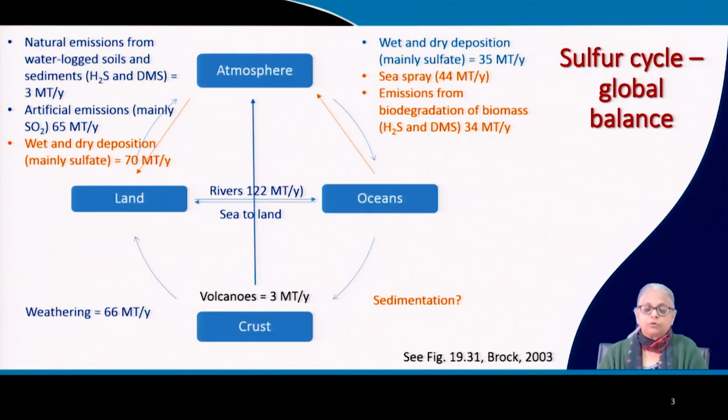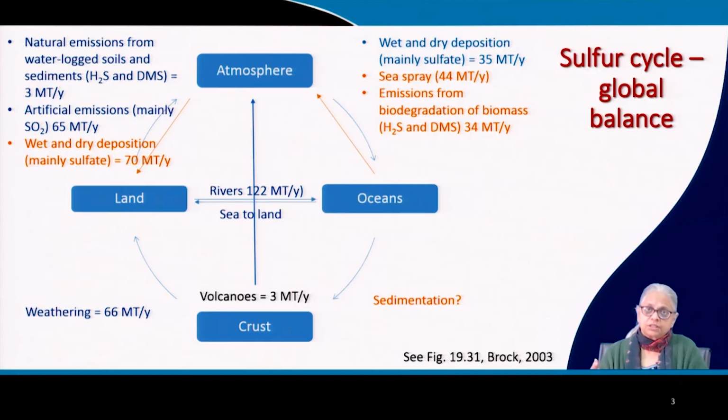Most of this is in the form of sulfate, because by now sulfur has been converted to its most oxidized form, which is sulfate. Now this is dry and wet deposition over land. The same thing happens over the oceans as well. You also get a certain amount of emissions from volcanoes. That's a natural source, and there is a lot of soluble sulfur that goes into rivers and streams, which is then carried to the oceans.